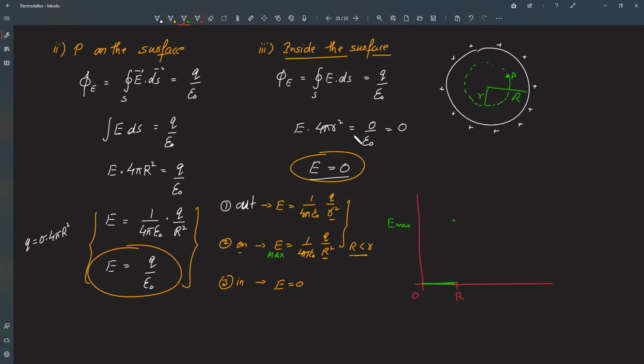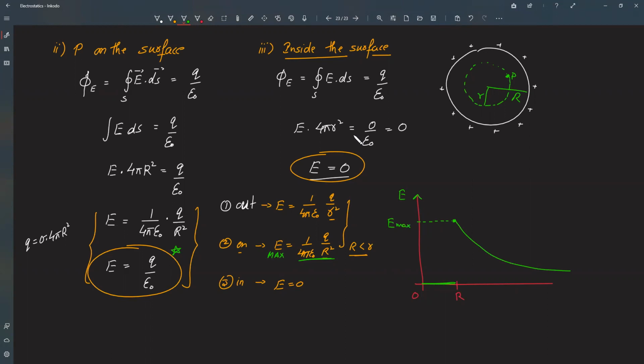What is Emax? It is 1 by 4 pi epsilon naught q divided by R square, or q by epsilon naught. This is the maximum value which you will get when the distance is R. And after that, this value keeps on decreasing because it is inversely proportional to r square. This is how the electric field due to a thin spherical shell varies with distance from the center, right?